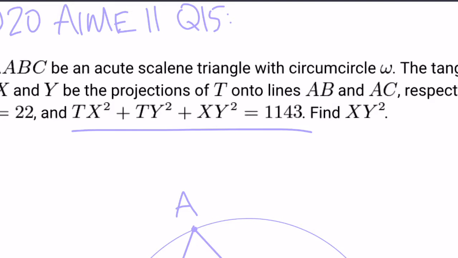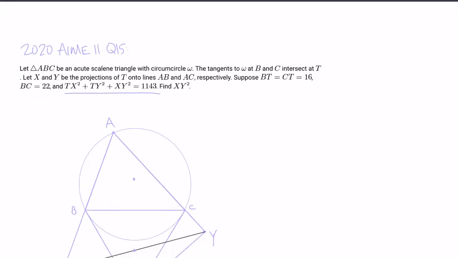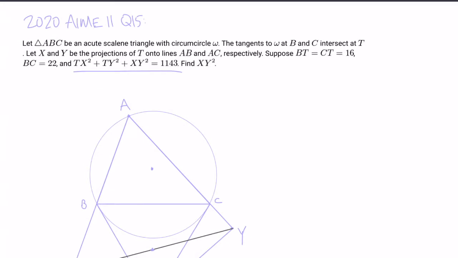It gives us a lot of squares, and it's also the sum of squares, so we know that there's probably going to be some type of computational formula at play here, which involves squares. And for those of you who are familiar with Stewart's, it might remind you of Stewart's almost immediately because of the squares. And so we might be motivated to try using Stewart's.